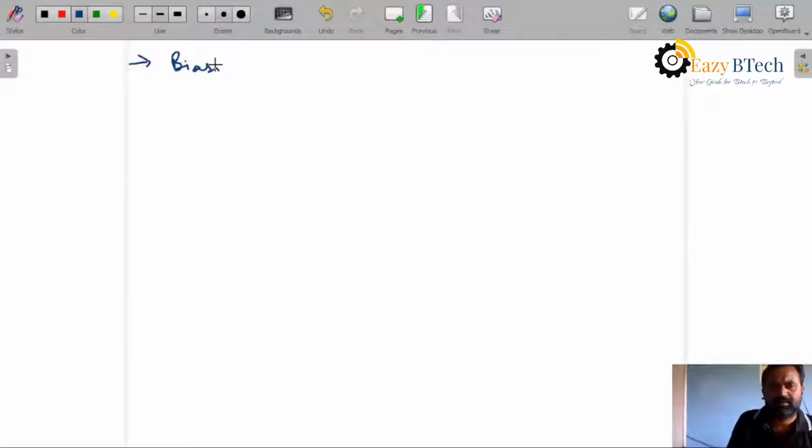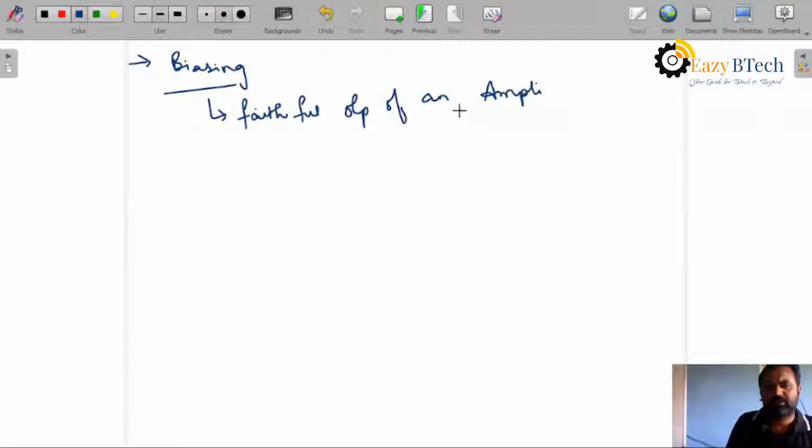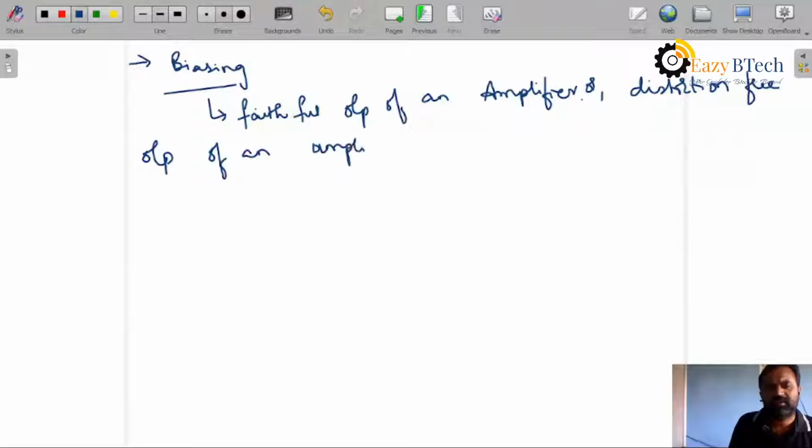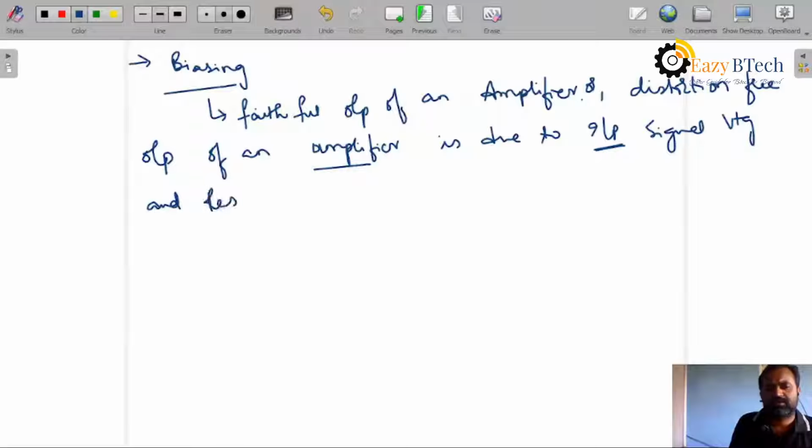Biasing. The faithful output, or distortion free output, of an amplifier is due to the applied input voltage, that is the input signal voltage, and the values of resistance.